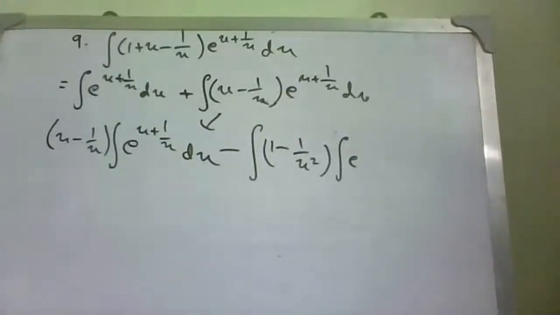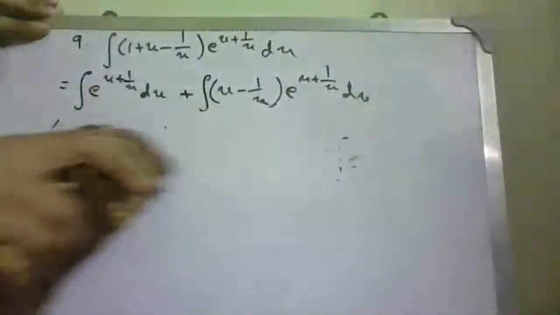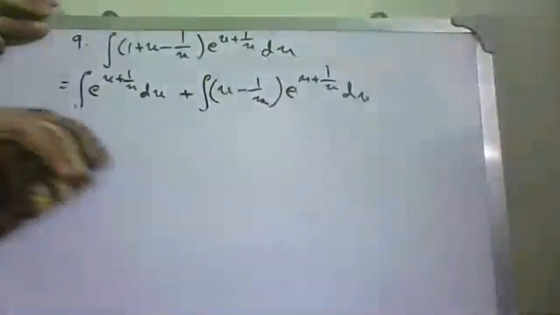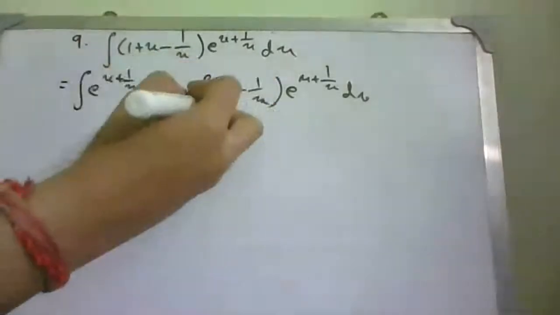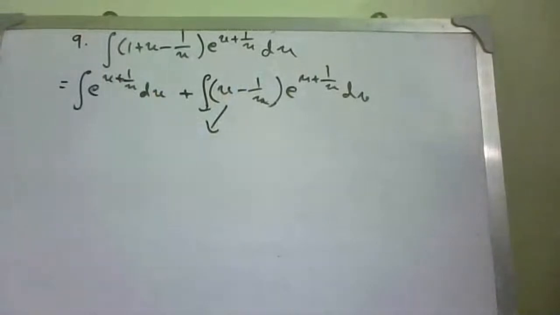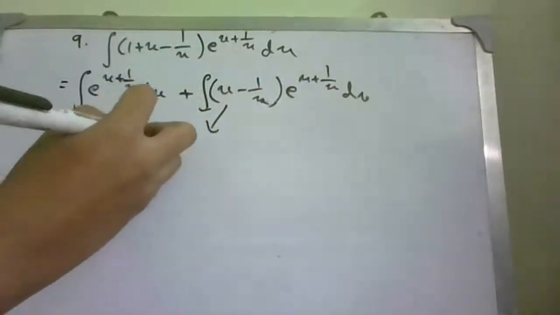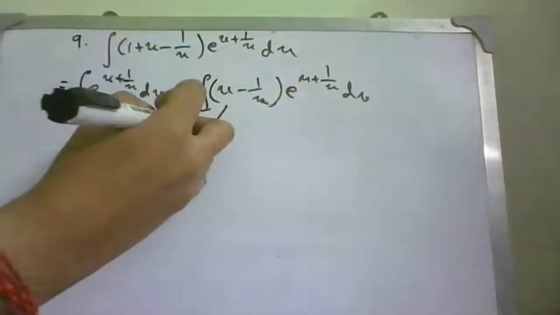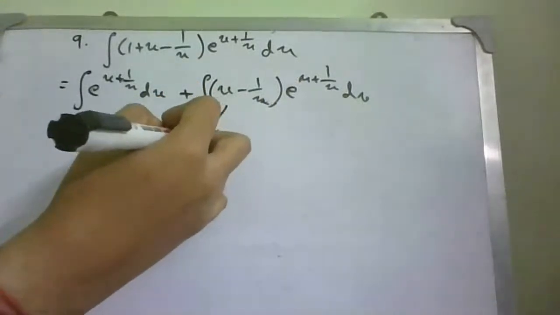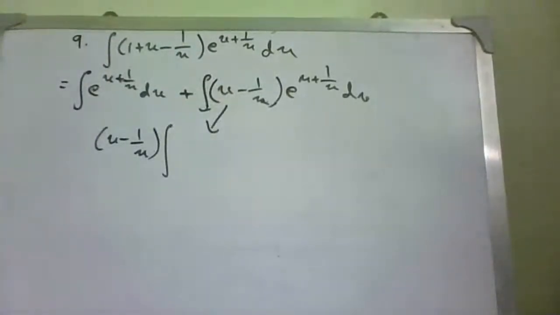Just a second. We can solve this by parts, assuming this particular thing is the first function and integral of this thing exists. Is everything fine?